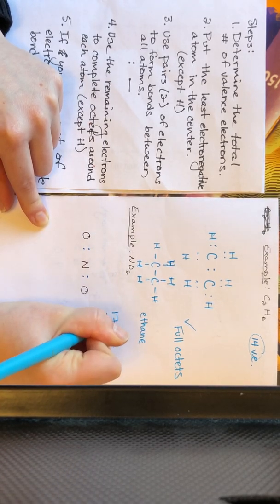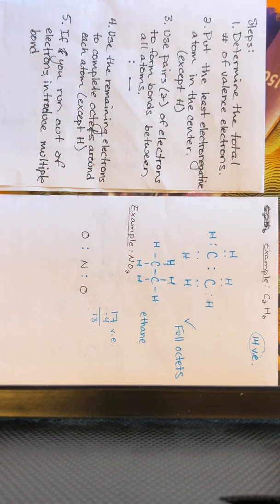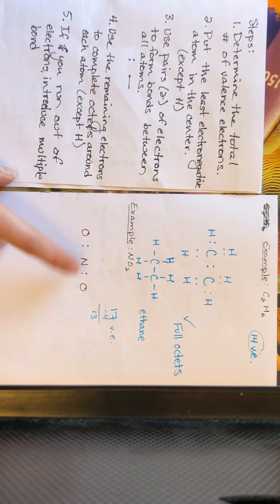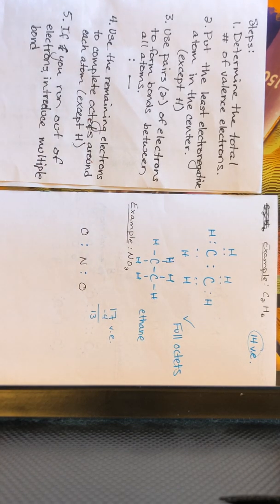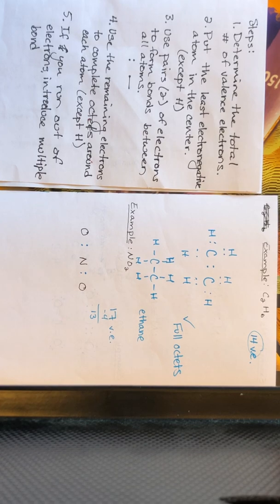And so that means that we now have 13 more valence electrons to use. That nitrogen currently has 4 valence electrons. It wants 8. We'll see what we can do about that. The oxygens have 2 each. They want 8 total. And so we're going to have to figure out what to do with those.